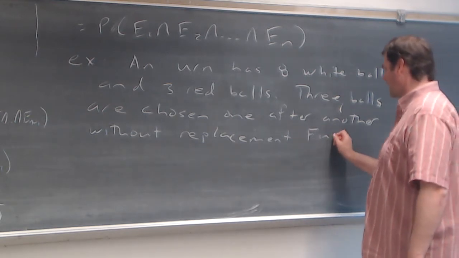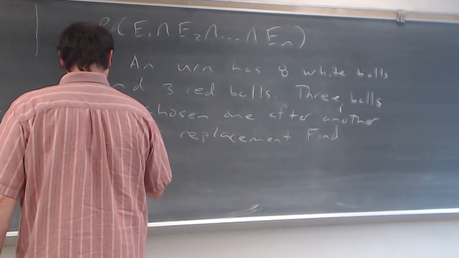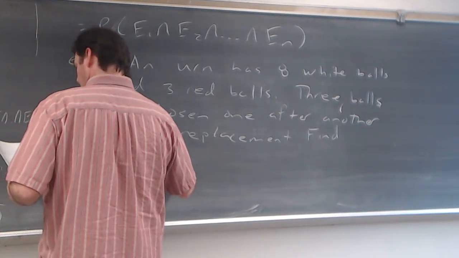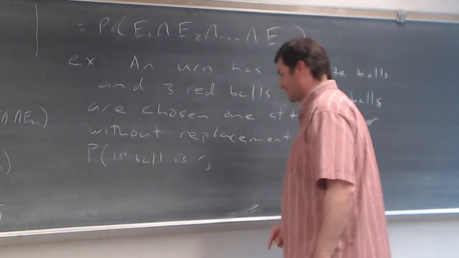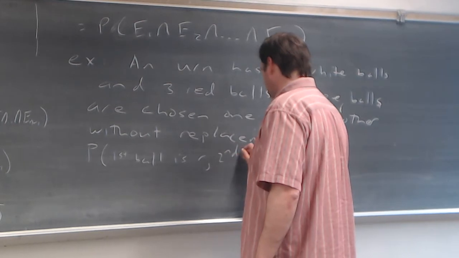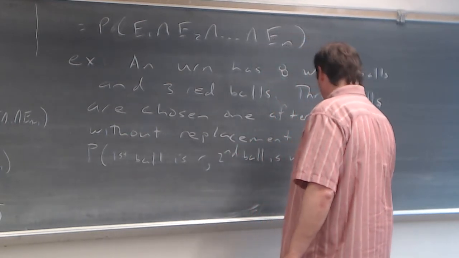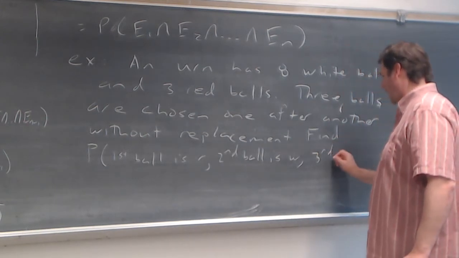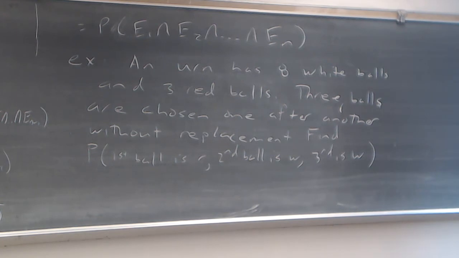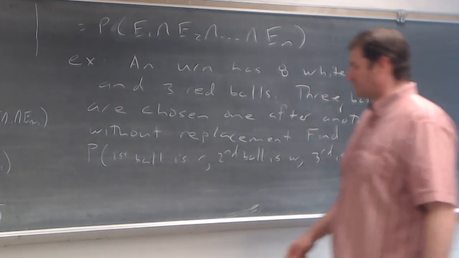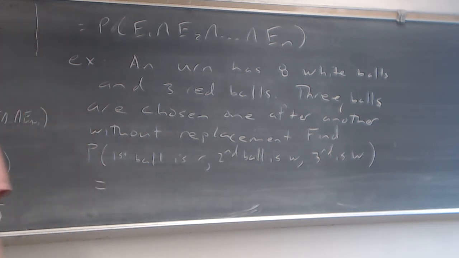Someone might ask, find the probability that the first ball is red, comma, which really indicates and, the second ball is white, and then comma, the third ball is white. That's our problem.